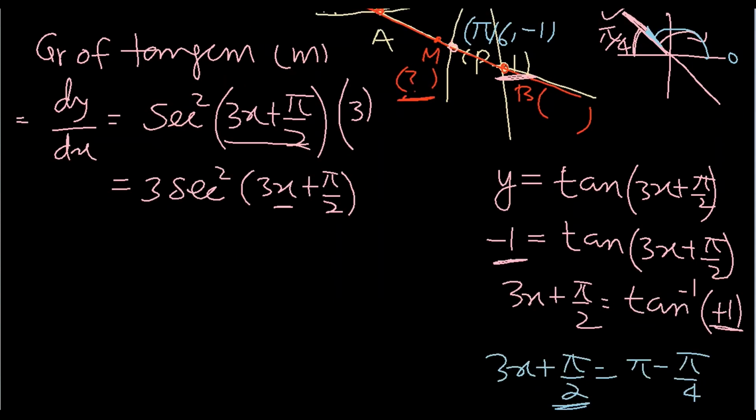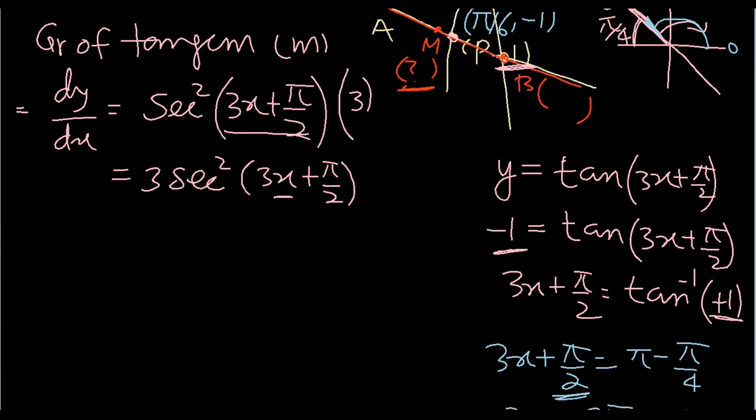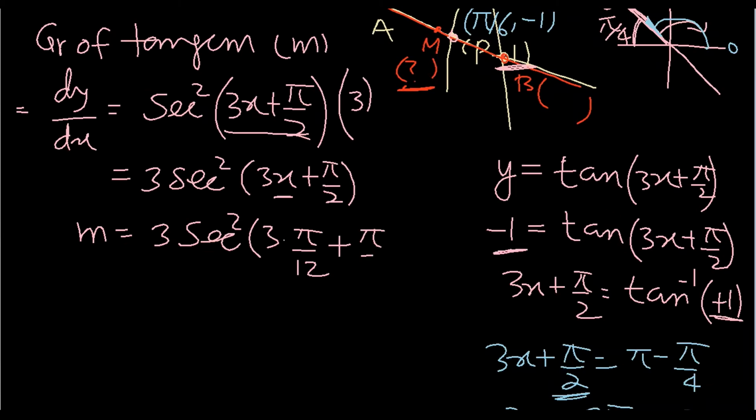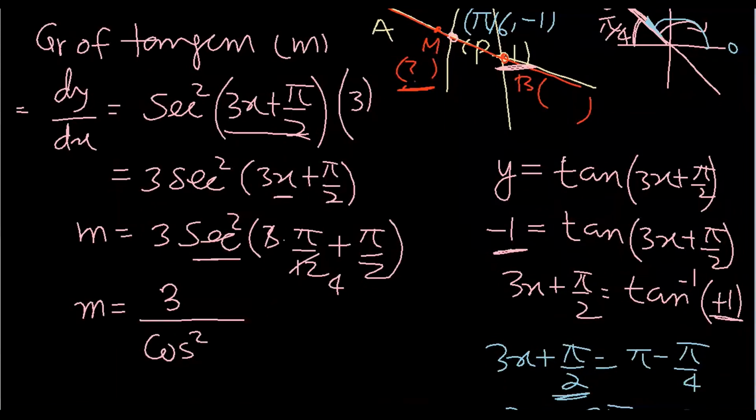And this is what we are going to use to find dy over dx, m, here. So m comes out to be 3 secant square of 3 times pi by 12 plus pi by 2. This 3 and this 12 cancel to 4. Okay, secant square is not in our calculator, so what will we do? We will write m equal to 3 over cos square, and pi by 4 plus pi by 2 will be 3 pi by 4.